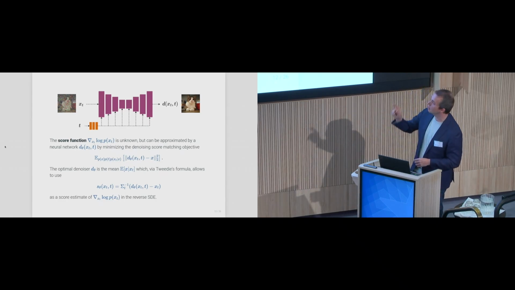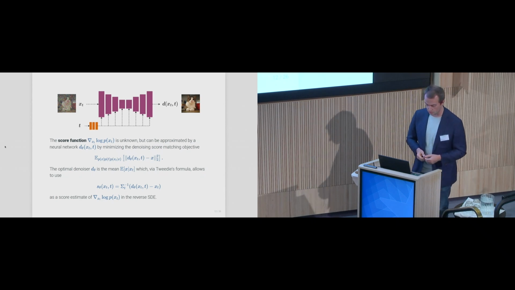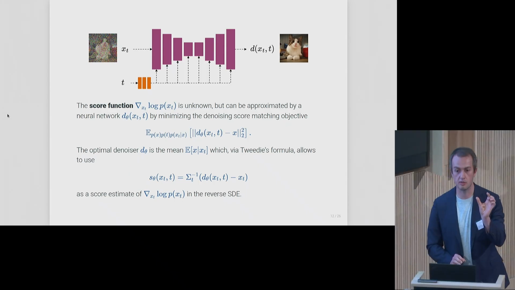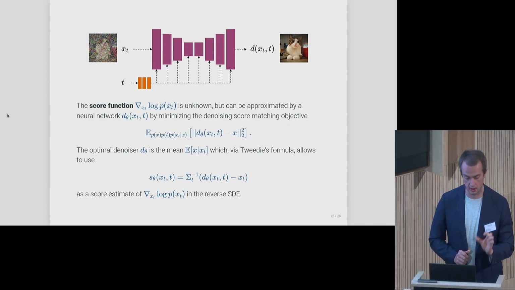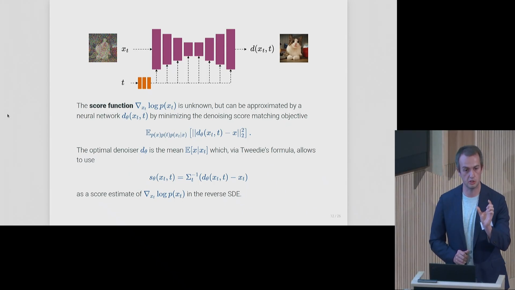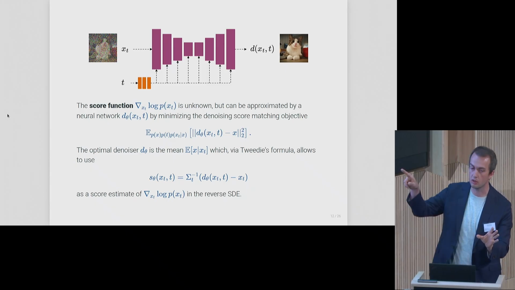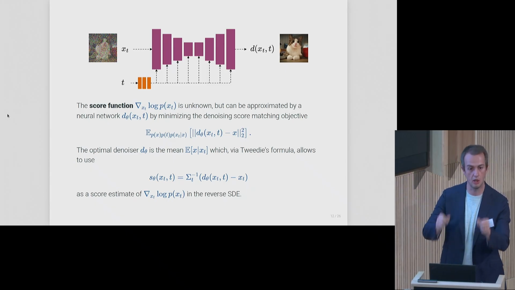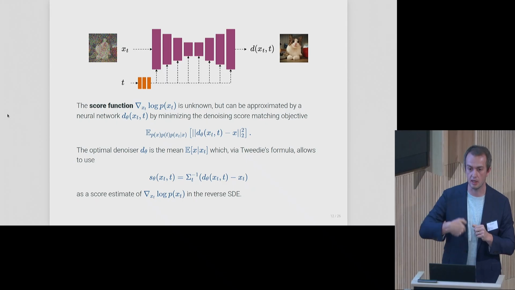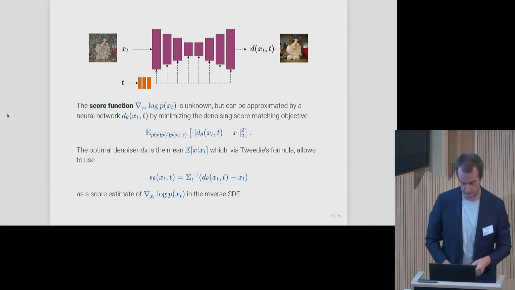Okay, so if we have the optimal denoiser, we know that the output will be this expectation, and then we can relate it to the score that we need. Okay, so once we have a good approximation of the score, then if we want to generate data, we just take the denoiser output, we transform it into an approximation of the score, we plug it inside the reverse SDE, and then we run it backward through time.